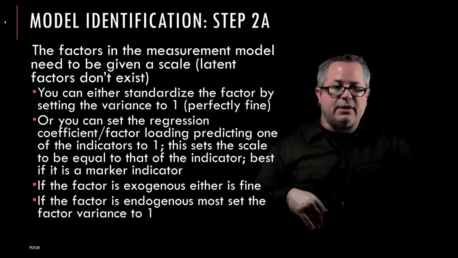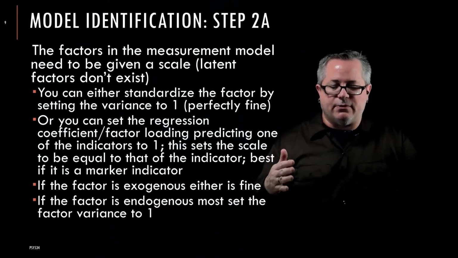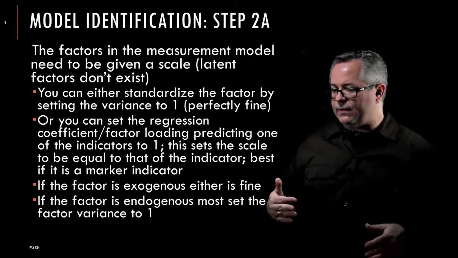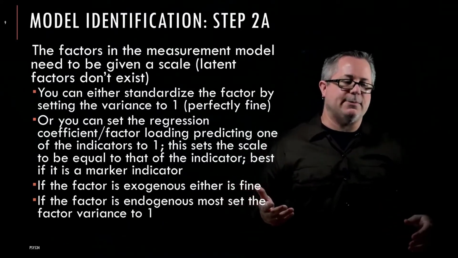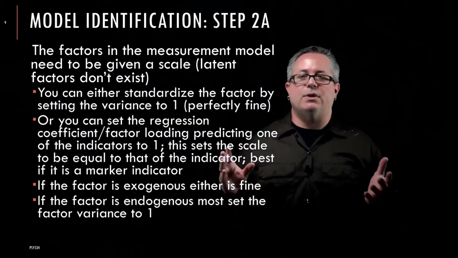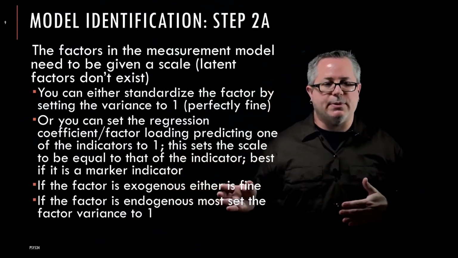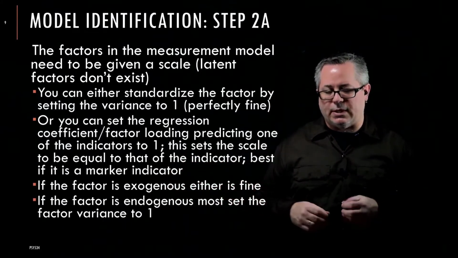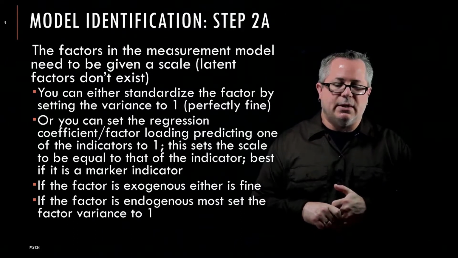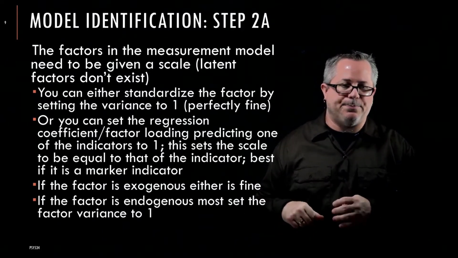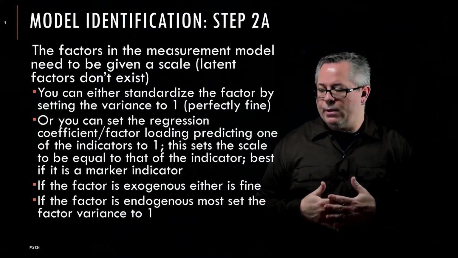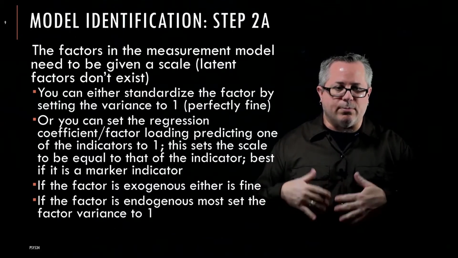You can get a standardized loading from it, but the unstandardized version with the test for significance won't be done because you fixed it. So a lot of times people will use the unit variance approach because they want to estimate all the factor loadings and have tests for significance for them. Depends on what you want to do, what you're interested in, what the important part of that step is.